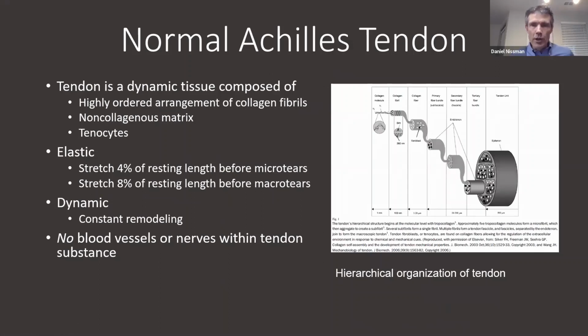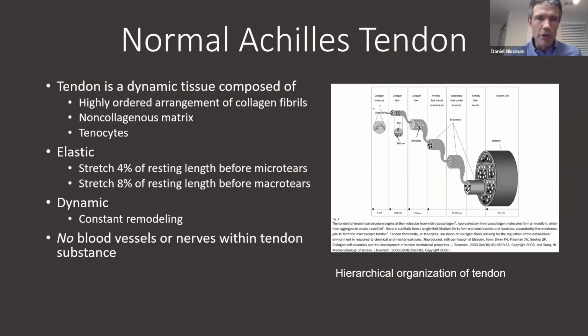Okay, so this picture over here, which I've taken from this journal, is really here just to illustrate the complex structure of the tendon. There are multiple different subunits that are collected together to create the whole structure. Some of the important things to think about here is that tendon is a dynamic tissue.